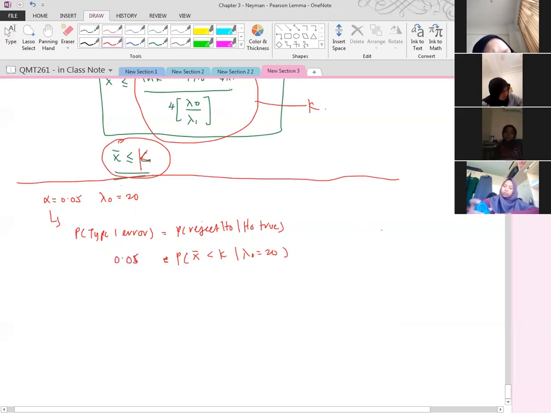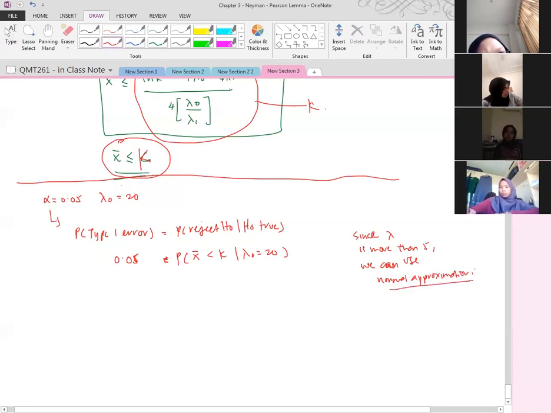Since this is not a normal distribution, but a Poisson distribution, and since lambda is more than 5, we can use normal approximation, right?